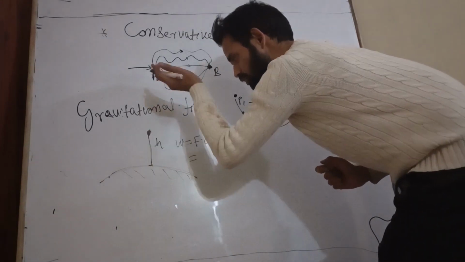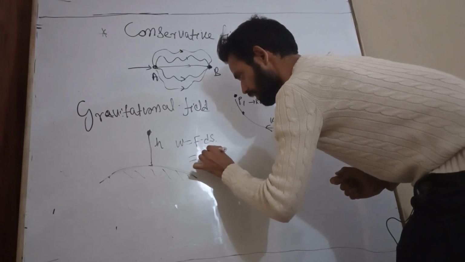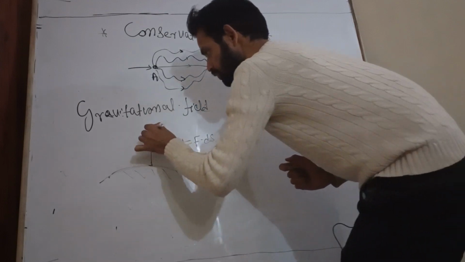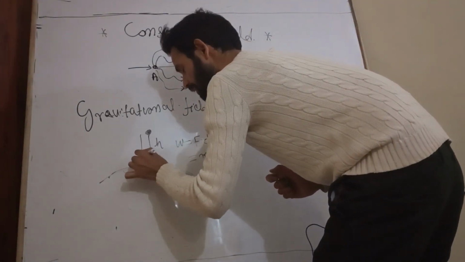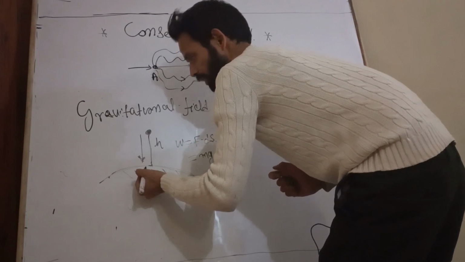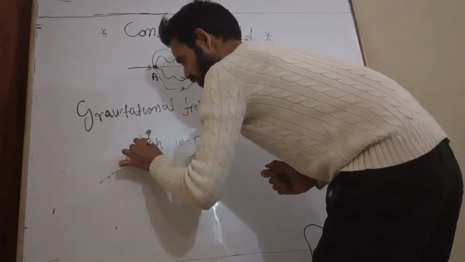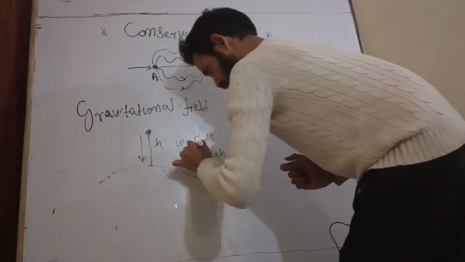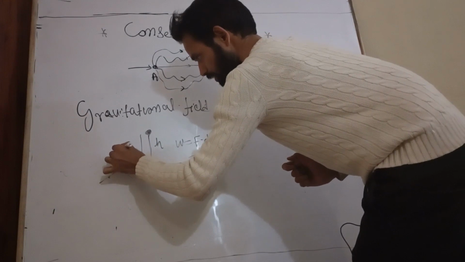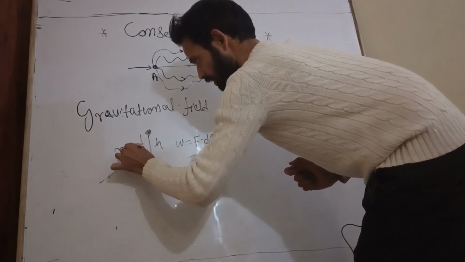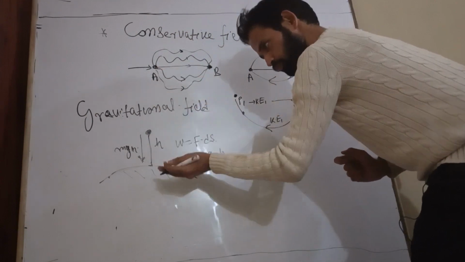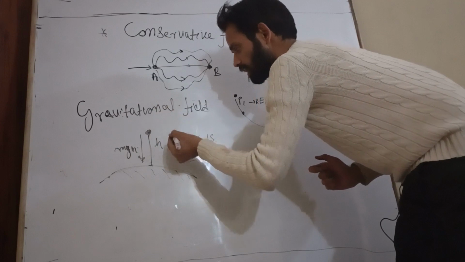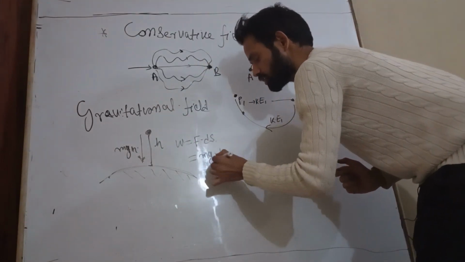The force when it is moving upward is nothing but mg, and the distance is h, so the work done is mgh. Then it will automatically come down by the gravitational force of attraction, with the same work done, mgh. When you throw an object up from the surface of the earth, it goes with work done of F times S, which is nothing but mgh.